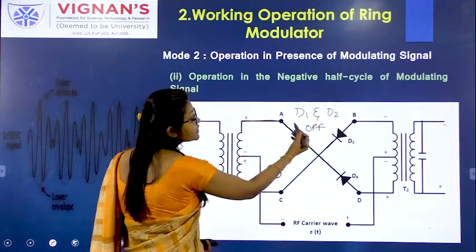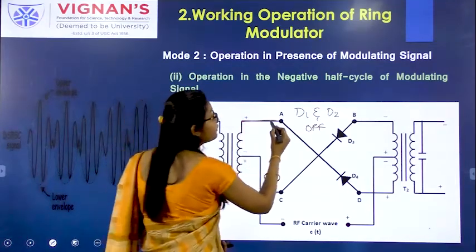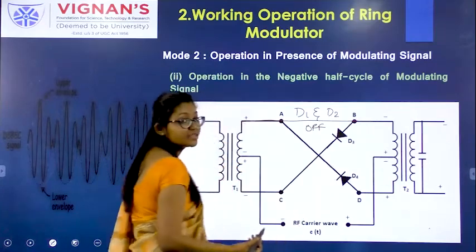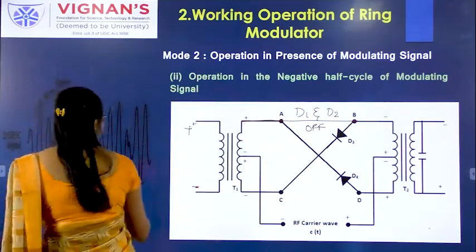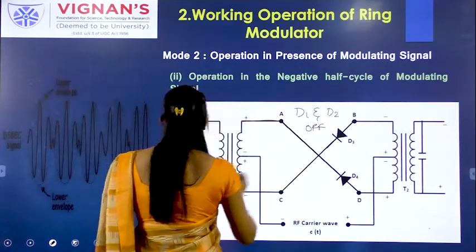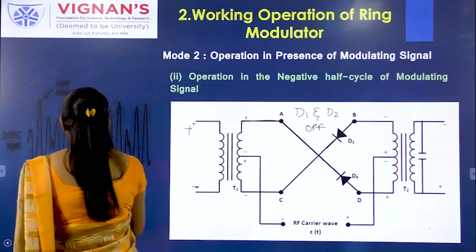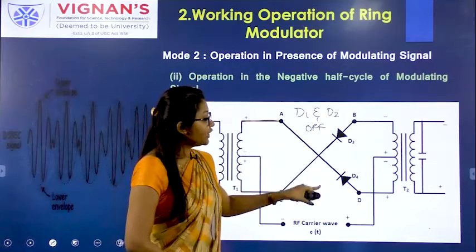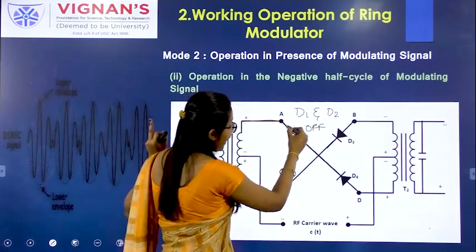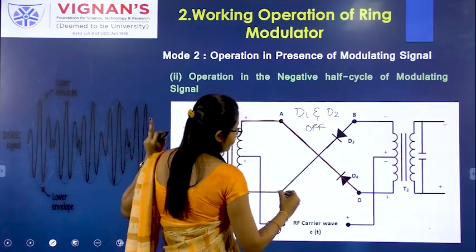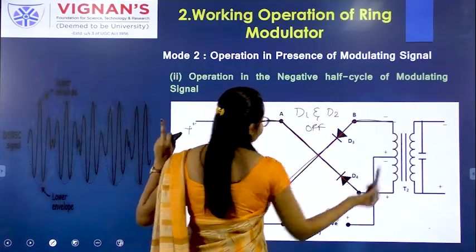See the flow: in the previous slide there was a way of going like this, but here there is no way because D1 and D2 are off. Because they are off, it will be open circuited, and D3 and D4 are on, so the path will be like this.